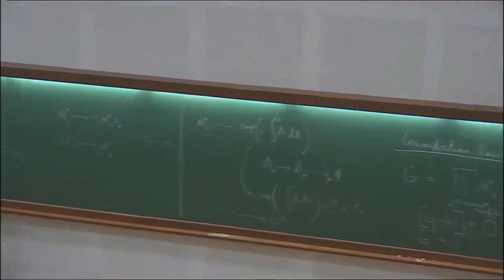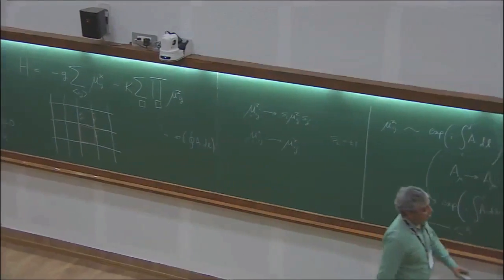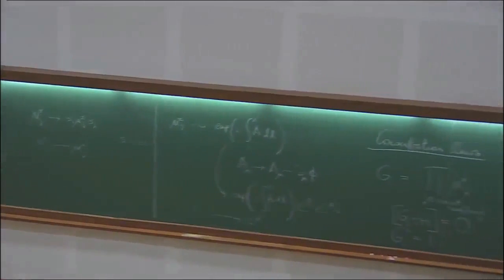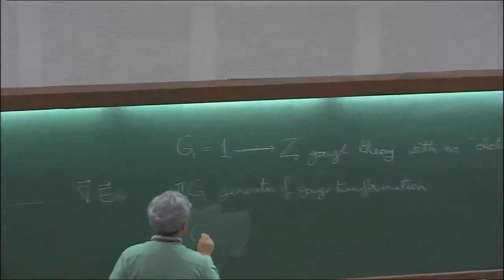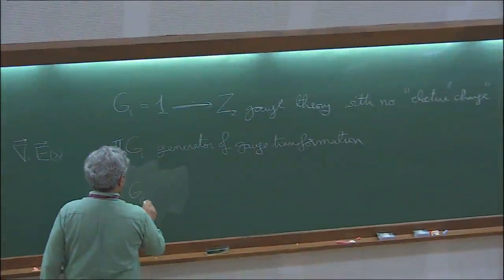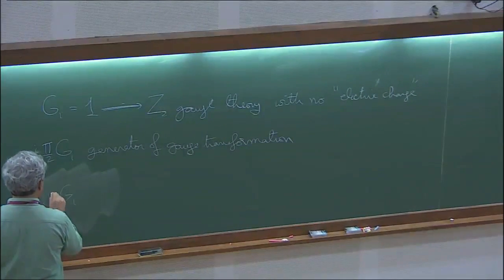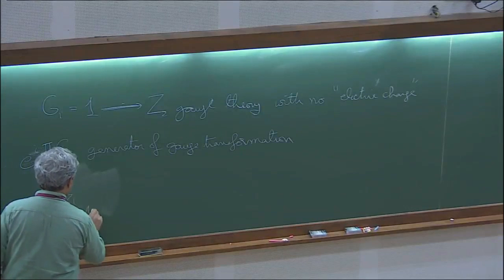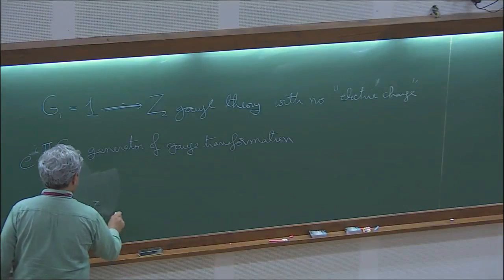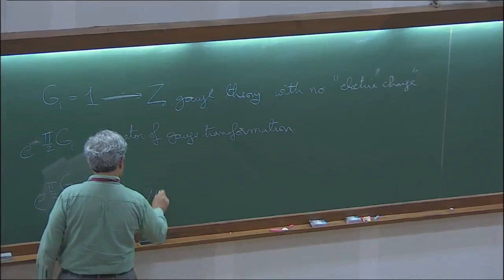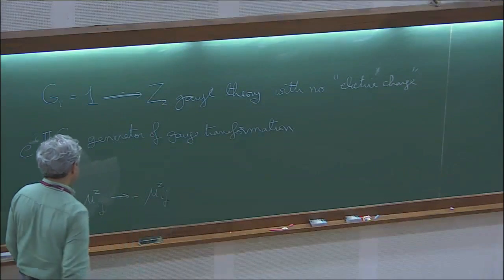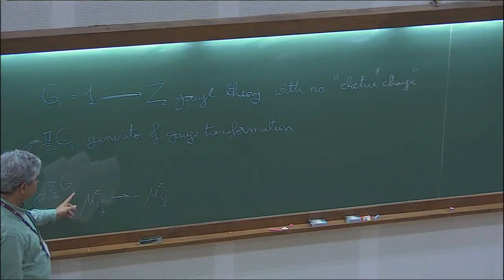What I'm trying to say is that this operator, e to the I pi over 2 GI, acting on mu z ij will give you minus mu z ij if this I is equal to that.